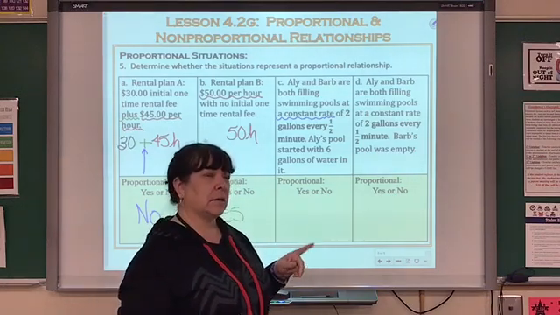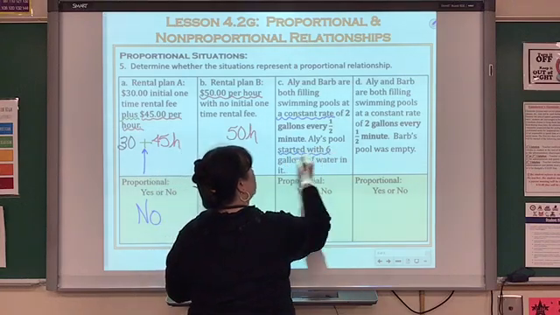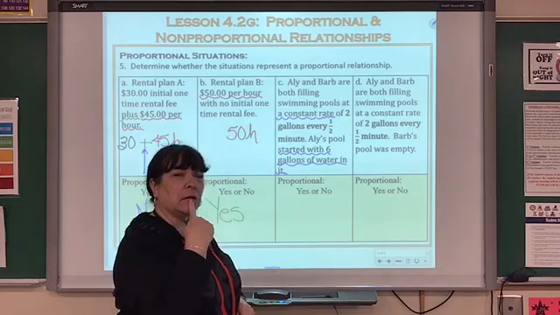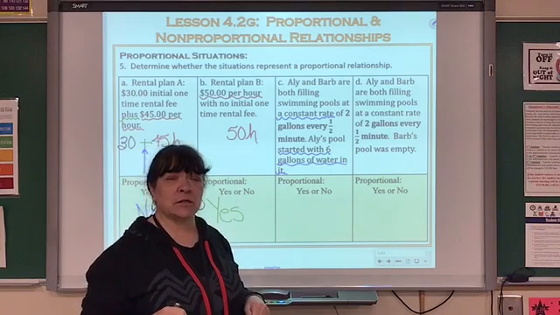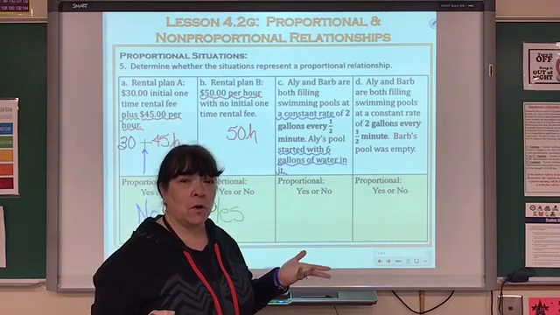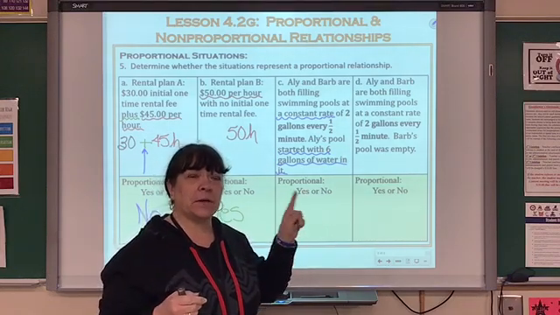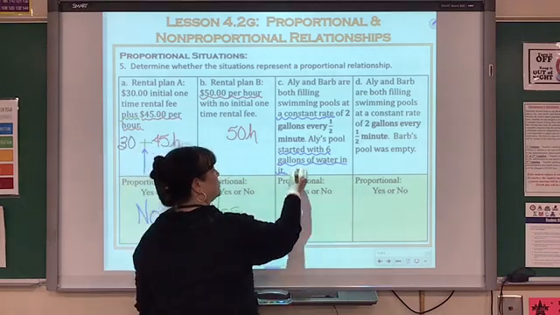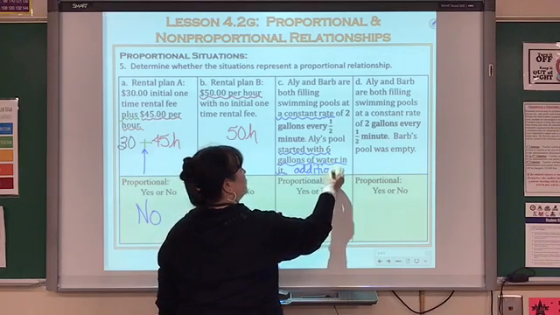But wait, it tells us Allie's pool started with 6 gallons of water in it. Uh-oh. That means she had 6 gallons of water sitting in her pool, whether it was from rain or melted snow or last season and they didn't clean it out, whatever. But when she had 6 gallons of water in her pool, that was an additional amount.